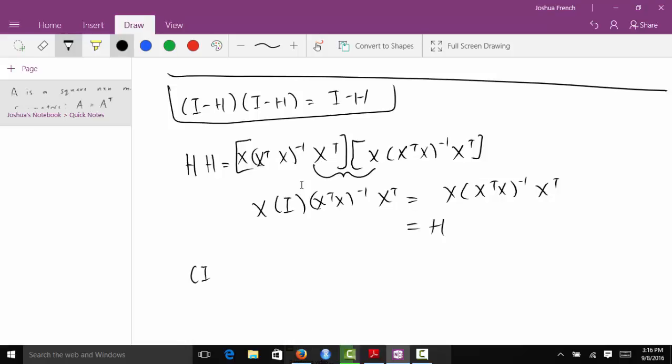So I minus H times I minus H. Okay, so I multiply I and I, so I get the identity.